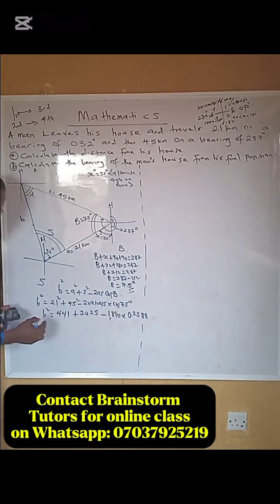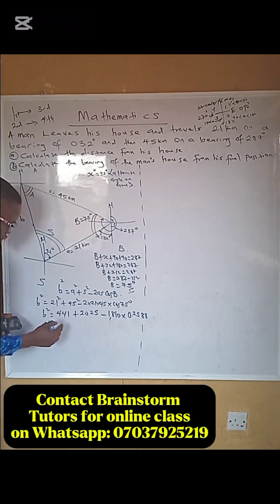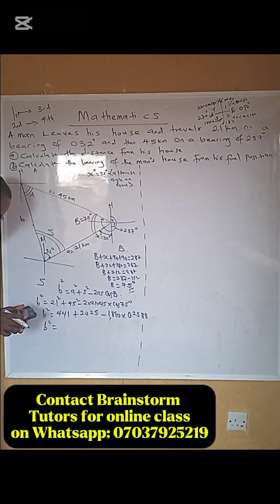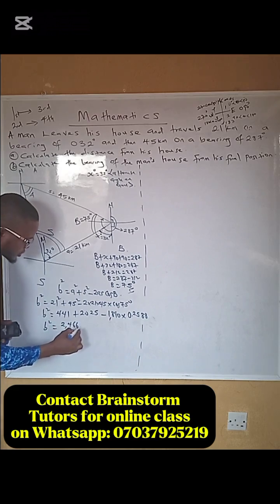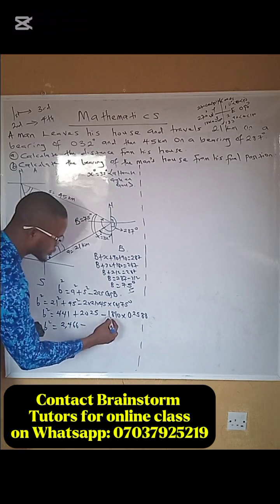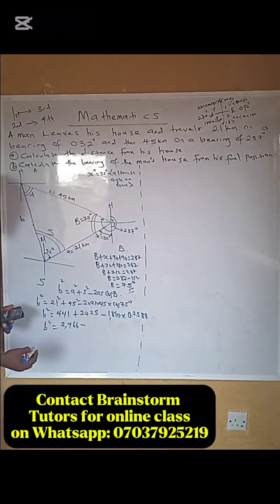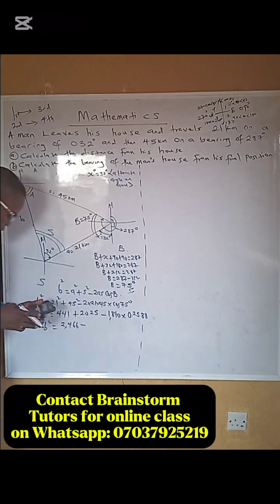Now here, if I continue, I have b squared equals, if I sum up all this together, 2025 plus 441, I have 2466 minus, remember, multiplication comes before subtraction. So I'm first going to multiply this and this together. I have 1890 multiplied by 0.2588.